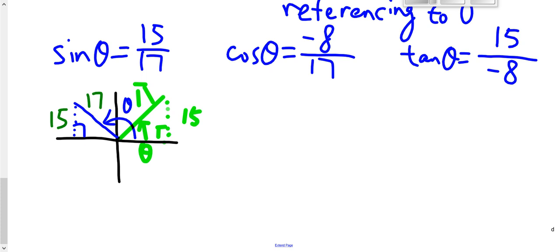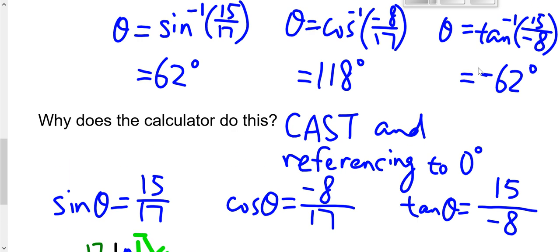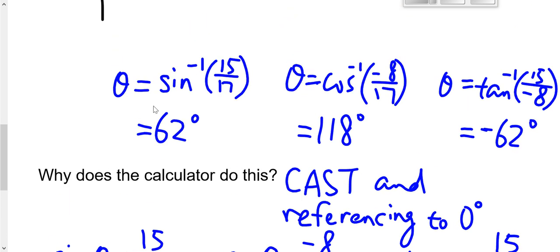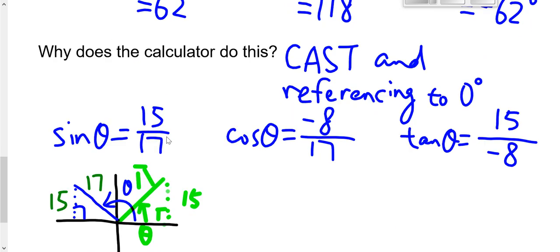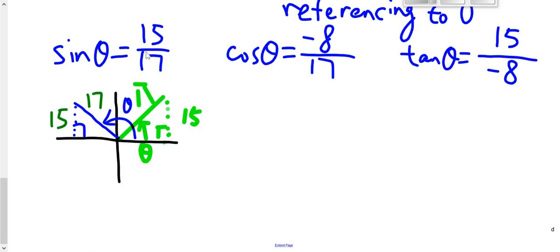So let's do this. From above, we figured out that if you're using sine, that will give you 62 degrees to give you this ratio. So let's do this. Sine 62 degrees. Quickly punch that in your calculator.